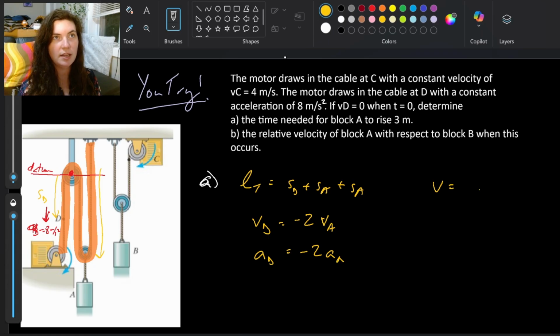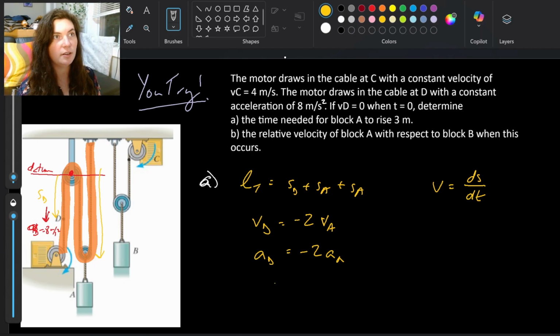Because velocity is ds over dt. I want to find my acceleration so then I can back out and get a velocity, and then I can back out again. Backing out, I mean integrate. We can integrate to go into our position to find the time, right? That's what we're interested in.